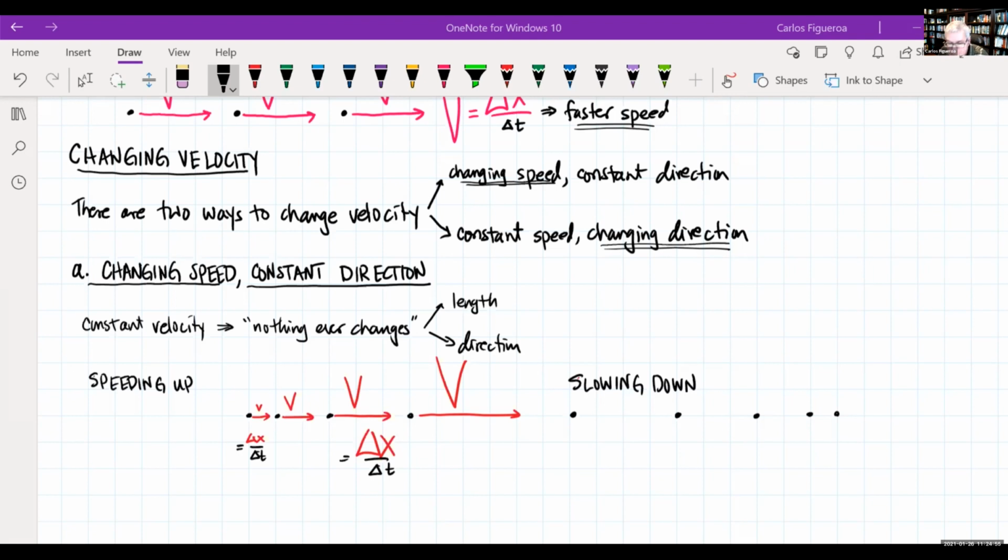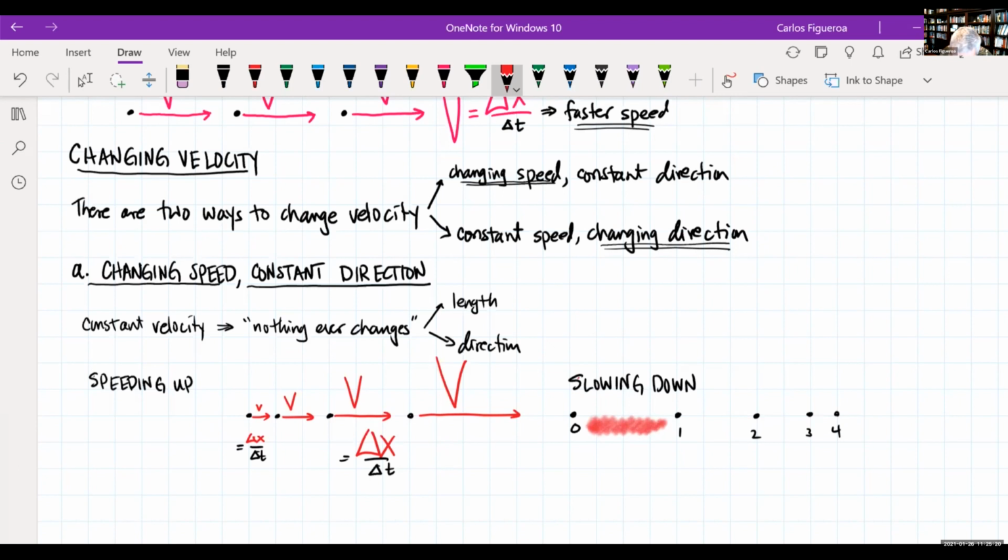So let me explain what I mean by this. Look at this. If I try to draw them right on top of each other, look what happens. So let's play that game that we did before. I'm going to label this 0, 1, 2, 3, 4. If I try to draw them right on top of each other, then I have to look at the distance for this interval right here.